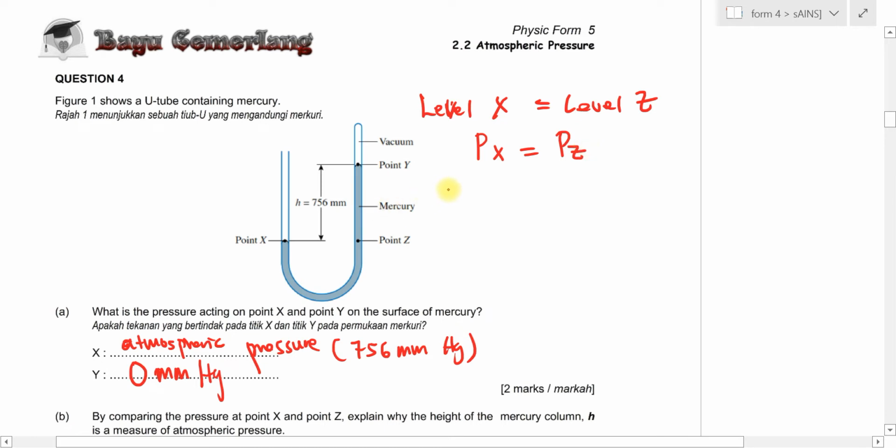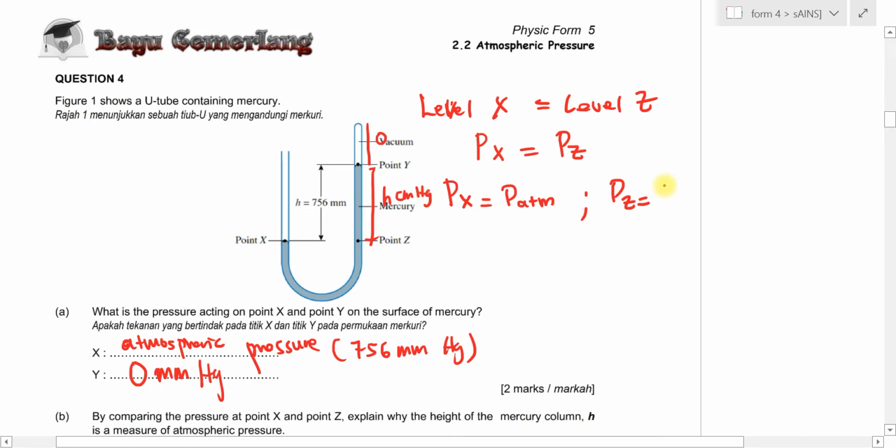And we know that from question A, pressure X is actually atmospheric pressure, while pressure Z is, here you have 0, and here you have H centimeter Hg as your pressure.